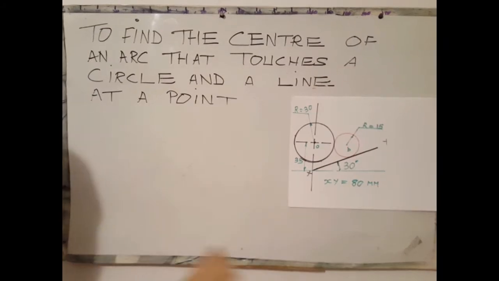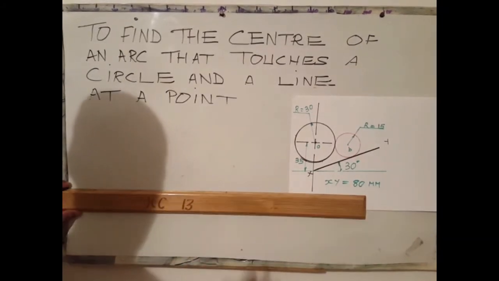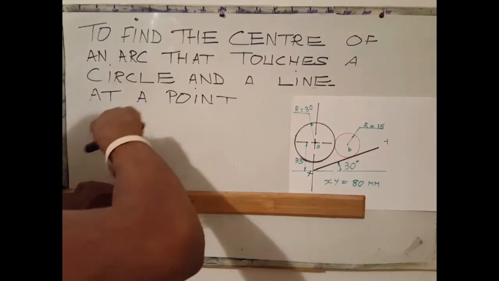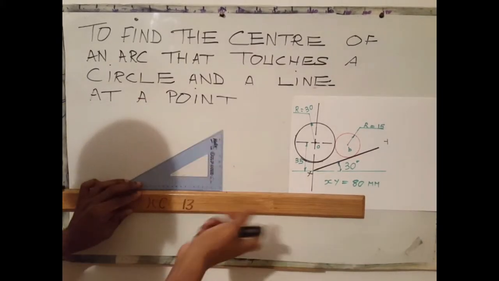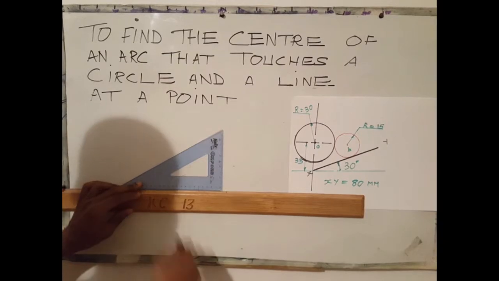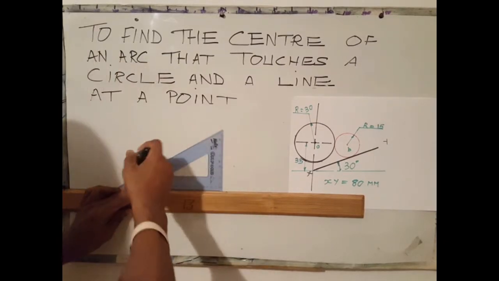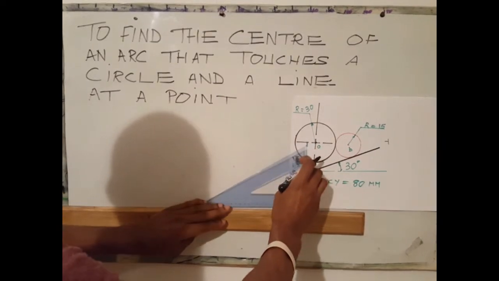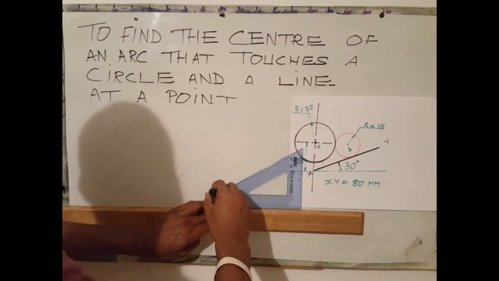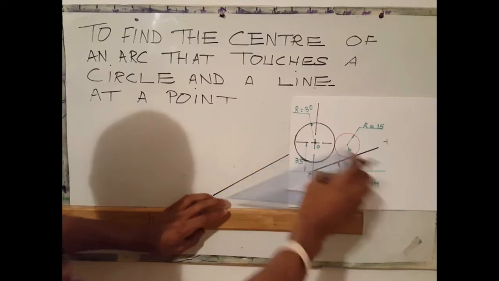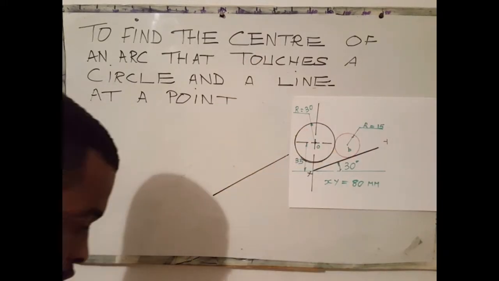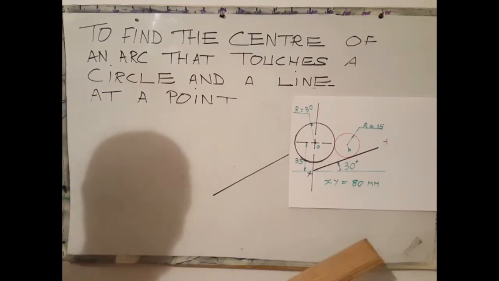For this I'll use my T-square and my set square. You could construct your angle if you want. Alright, let me start lower down. So this would represent my line, which should be 80 millimeters.